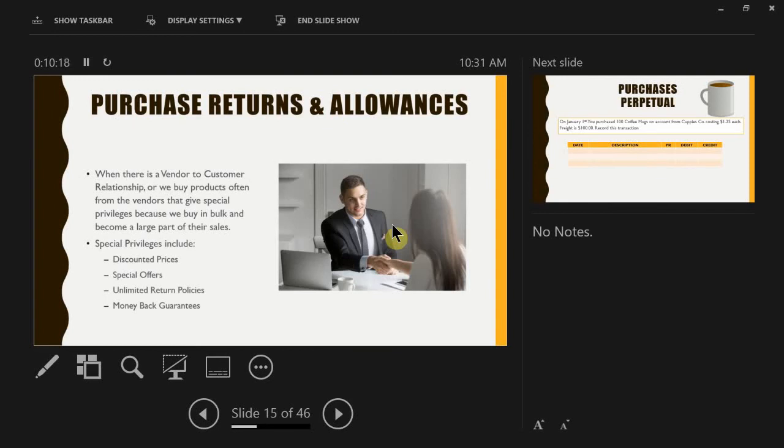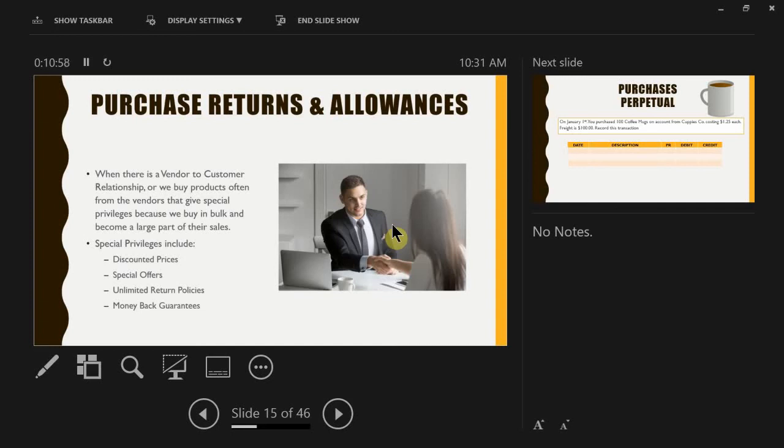And of course, when you're dealing with a vendor, oftentimes vendors want to keep your business because you're probably one of those people who purchase at least thousands, or you buy in bulk, large quantities. So you make up a pretty large portion of their business, and they want to do whatever it takes to keep you satisfied. Sometimes that means an unlimited amount of returns or refunds. Sometimes they'll give you your full money back guaranteed, or oftentimes they'll give you even additional discounts.